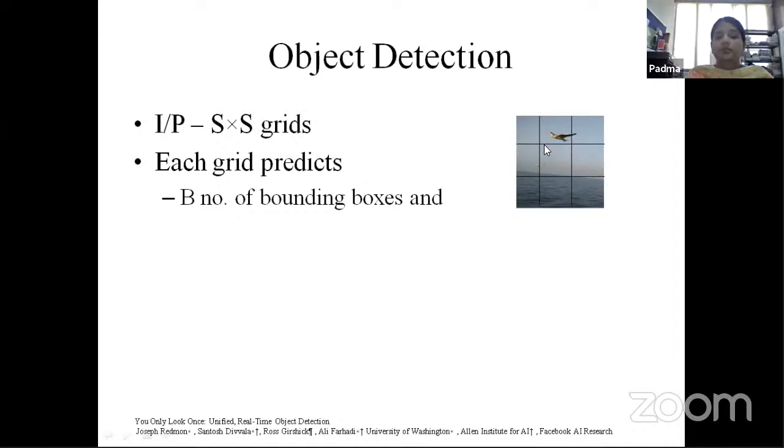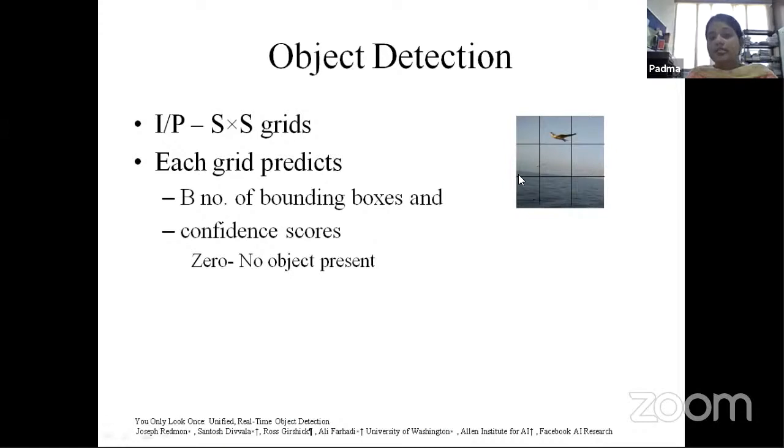Correct. So each of these grids would be able to produce B number of bounding boxes, as well as confidence scores with respect to each bounding box it is generating.